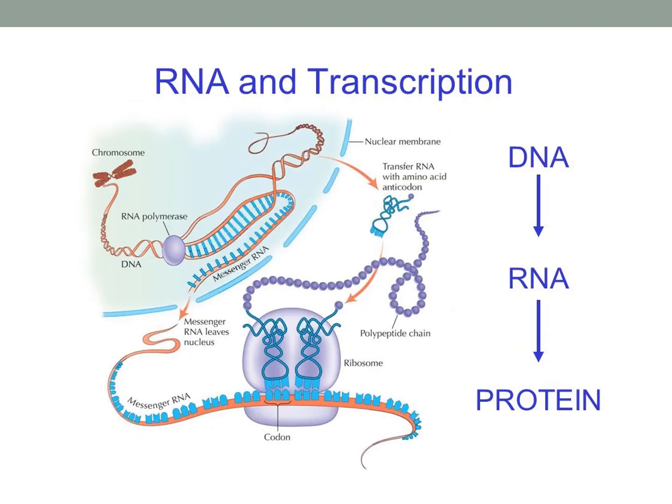Again, here's our DNA. We'll open it up and make a copy of one side out of RNA. We'll line up, using those hydrogen bonds to figure out the order of the code. And then that messenger RNA can leave the nucleus. The way that messenger RNA ends up telling the cell to do anything is actually kind of crazy when you think about it.